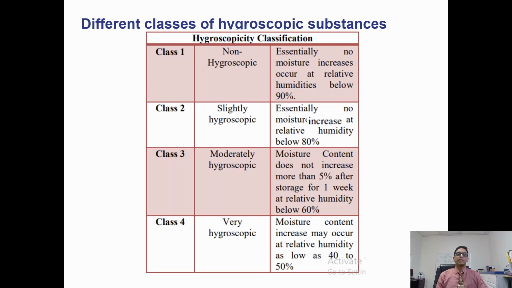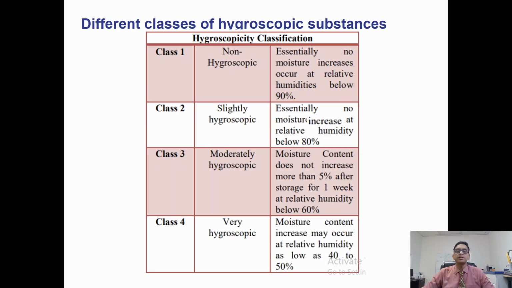This could be class 1, class 2, class 3, class 4. Based on the hygroscopicity classification, class 1 is where essentially no moisture increase occurs at relative humidity below 90%.